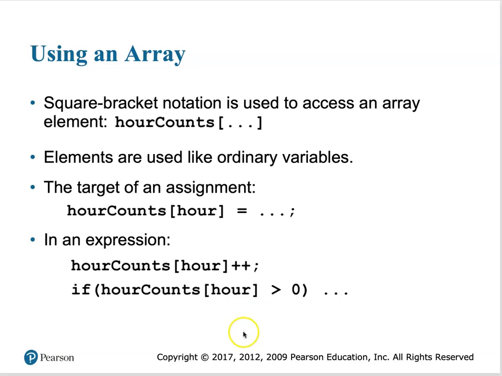Or we could use it in a Boolean. Go to the hour counts array, look at the spot specified by the value inside of the variable hour, and if that slot holds a value that is greater than 0, then do something. So when we're using an array, almost always we are also going to use square brackets to indicate not the entire array, but a particular location inside of that array.